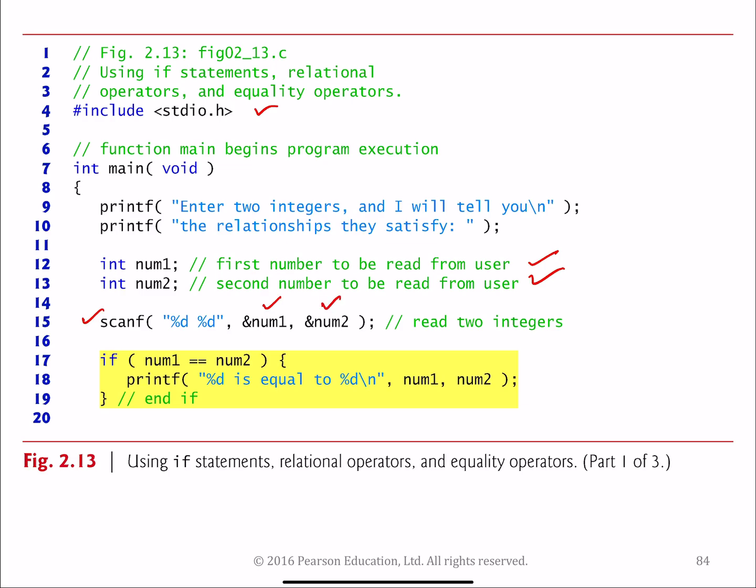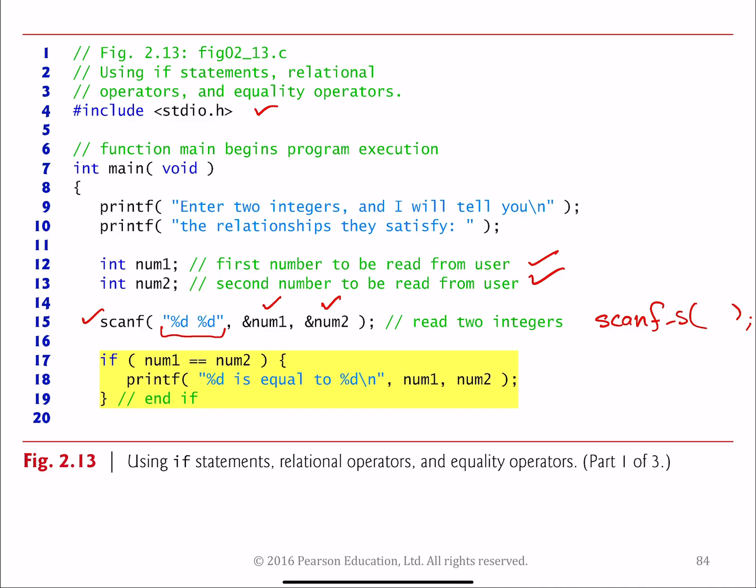And in what format is the user going to give those two integers? You can see over here in the first argument of the scanf function. Remember, of course, that it says scanf function on this slide. Because we're using Visual Studio, we are going to use the scanf_s function.